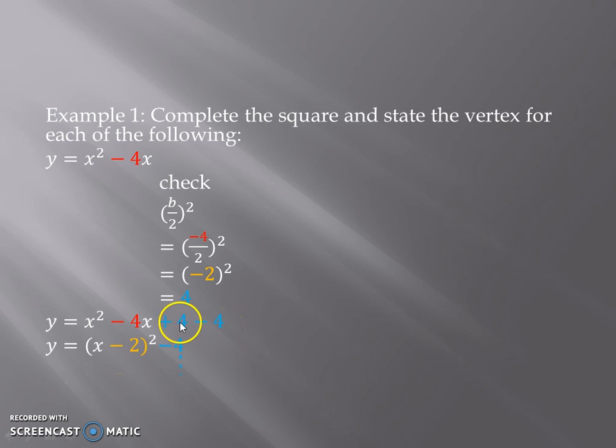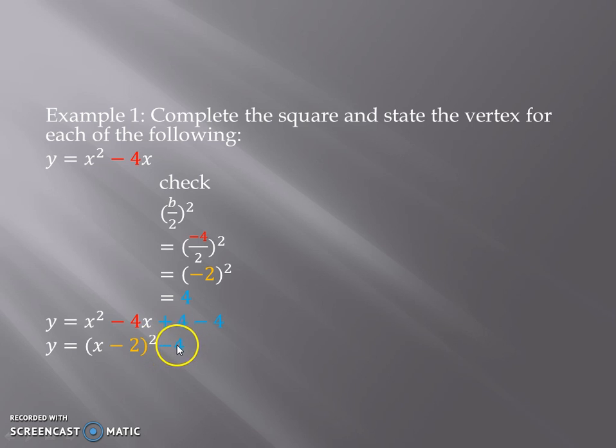So when we do that, do you realize how we got this answer? If you said that we may have got this answer from this, you are correct once again. Look here. It is in vertex form, where it says y equals (x minus h) squared plus k.